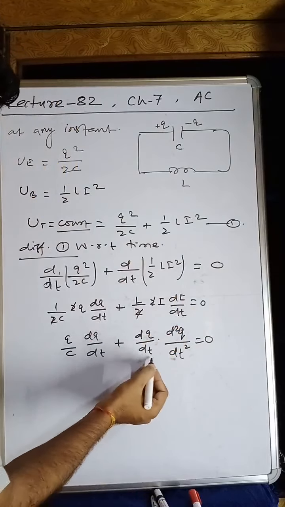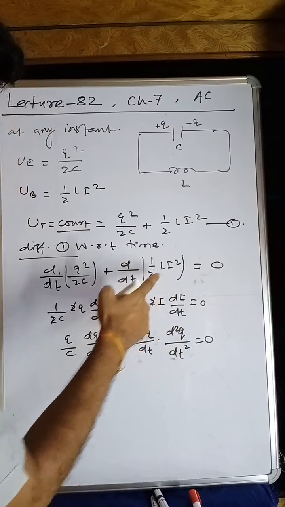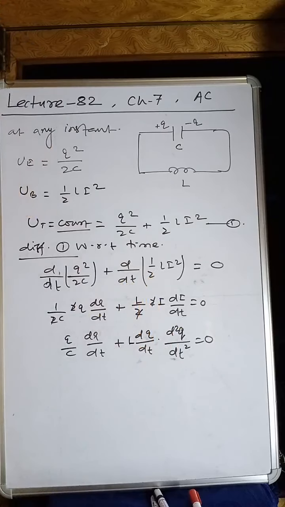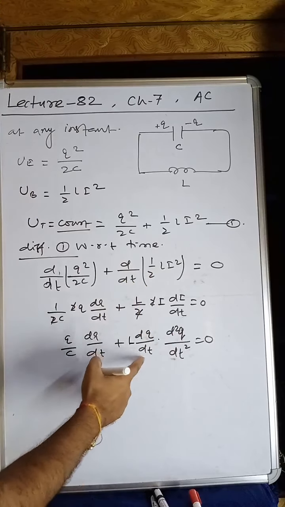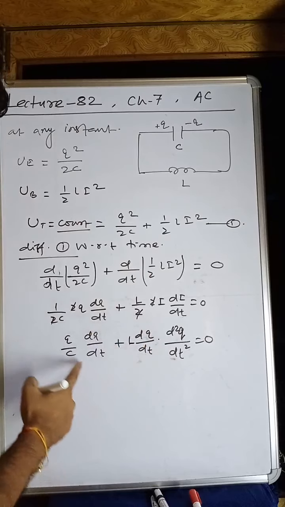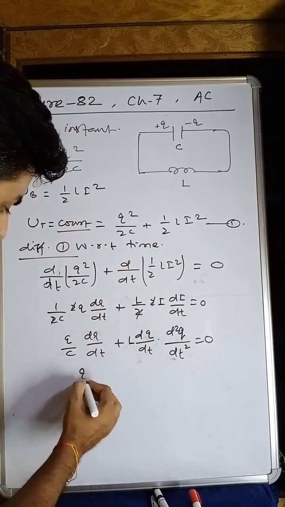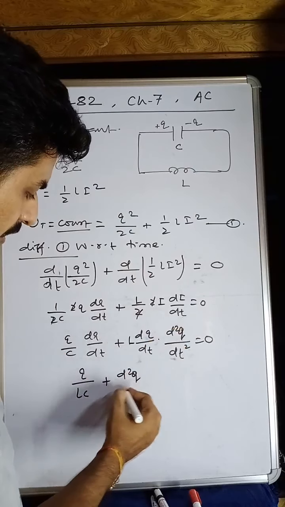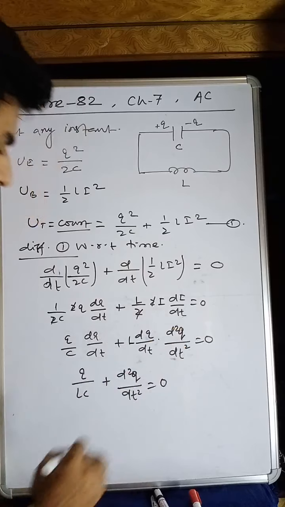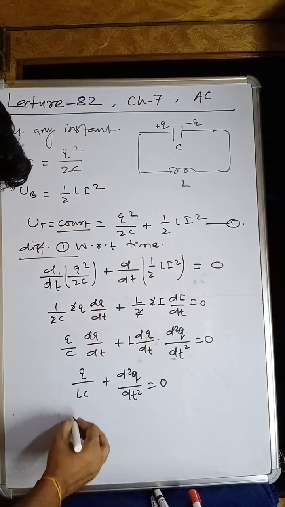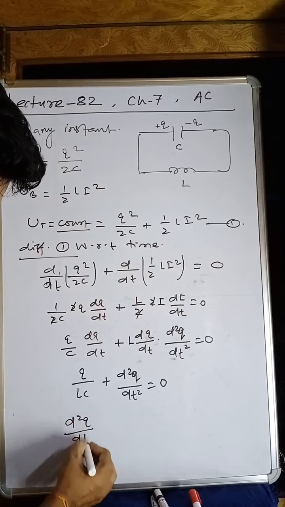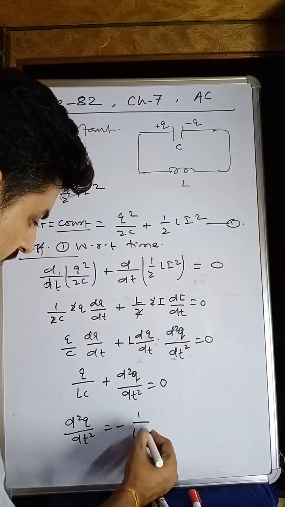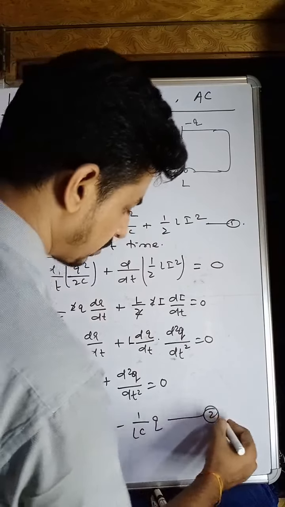Sorry, I think we left L here; yes, this one is the L. So we can take L dQ by dt as common, and we'll have Q by LC plus d2Q by dt square equals 0. Now look at it carefully. We are moving towards a very interesting result: d2Q by dt square equals minus 1 by LC times Q. My dear students, this is equation 2.